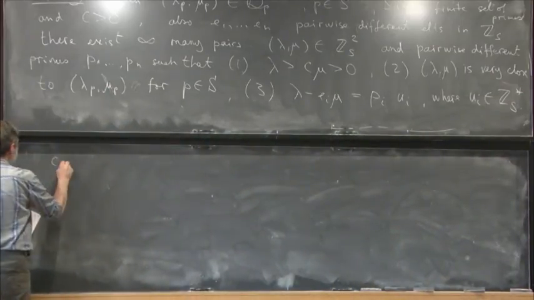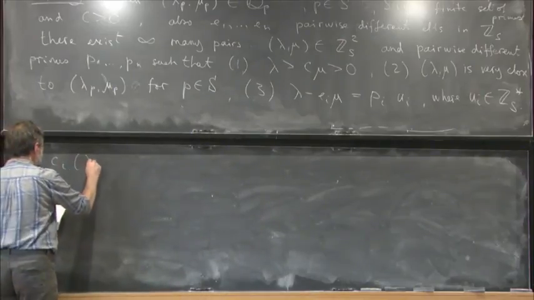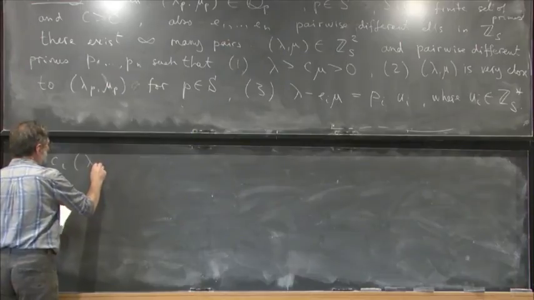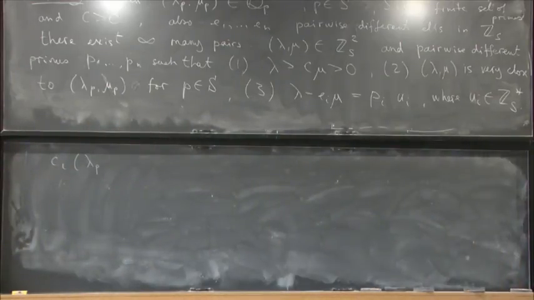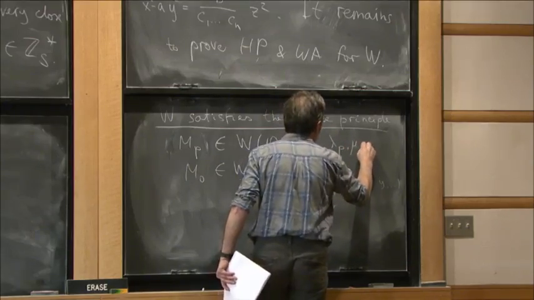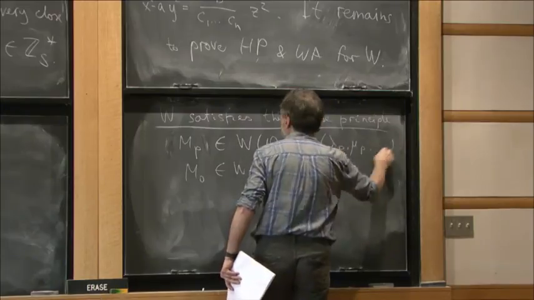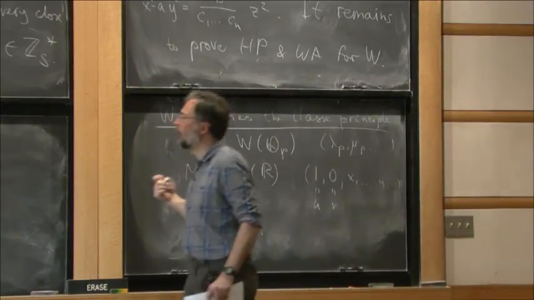So what do we have? Let me use lambda_p and mu_p for the u, v coordinates of m_p, okay?